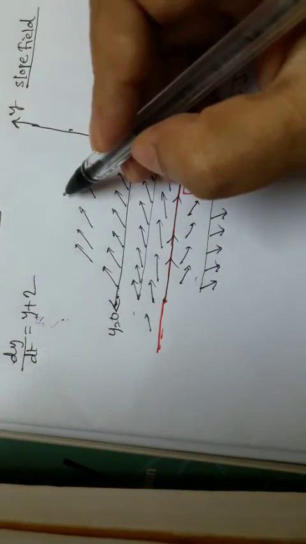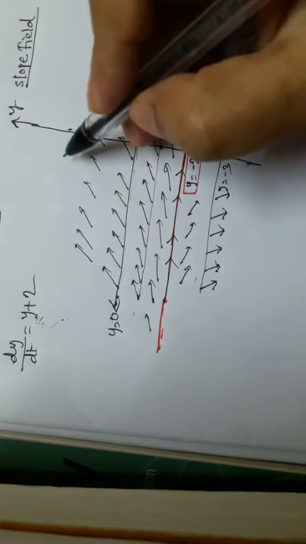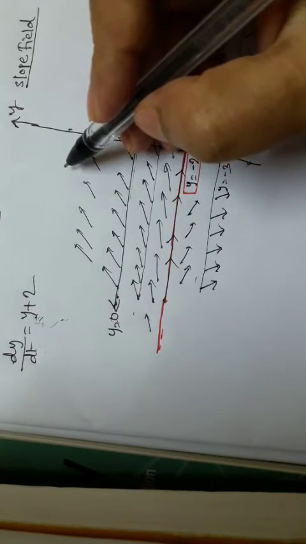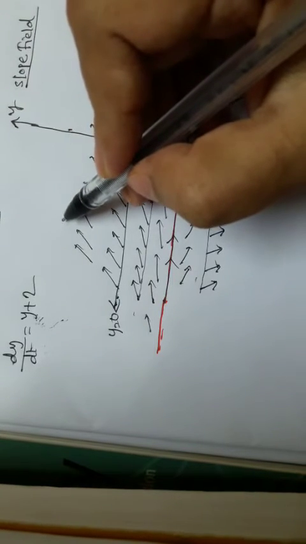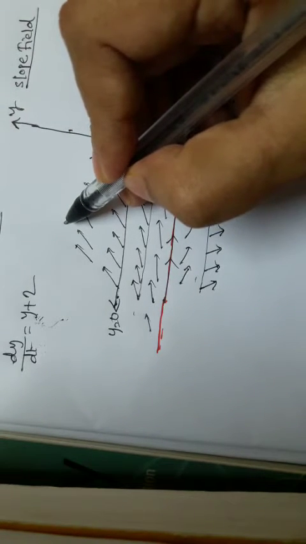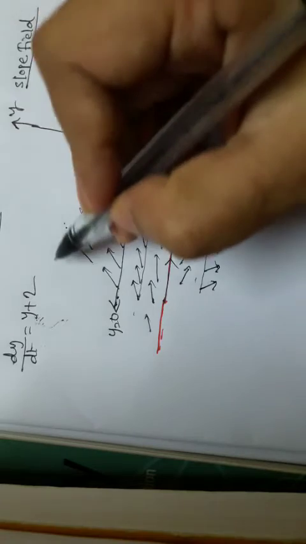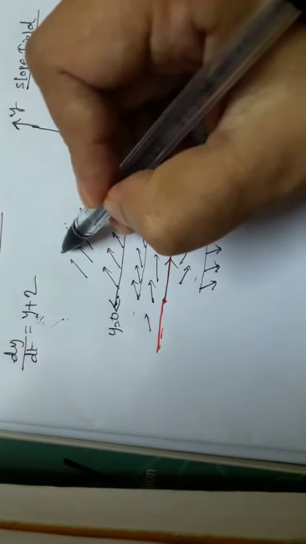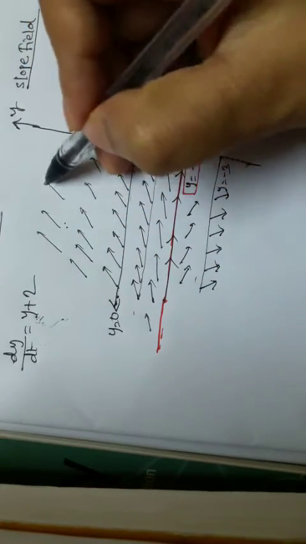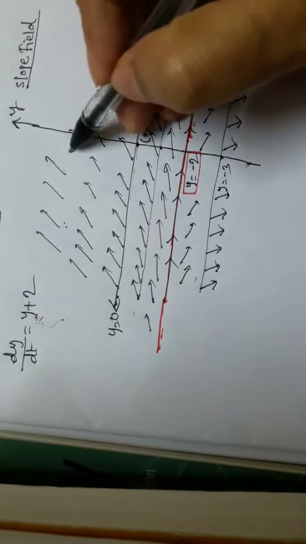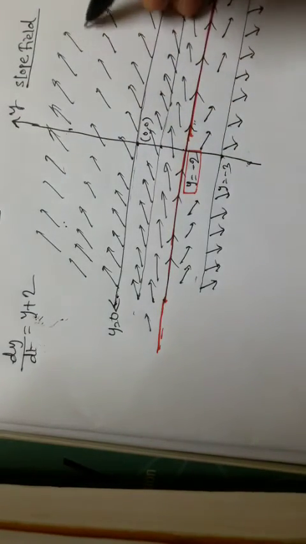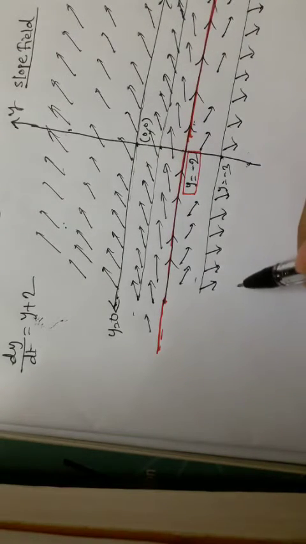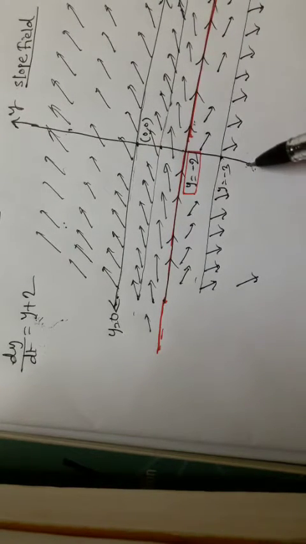As we move away from the steady state, the slope becomes larger. The slope increases like this.